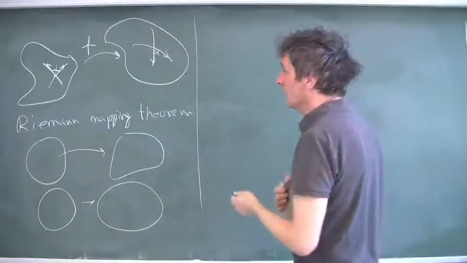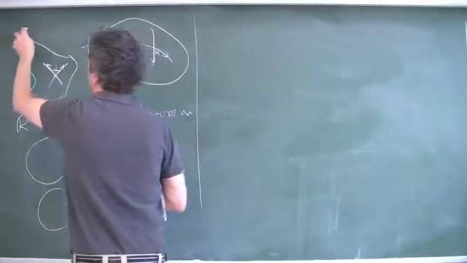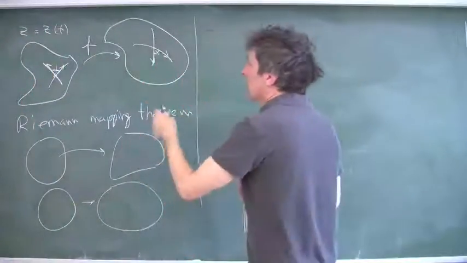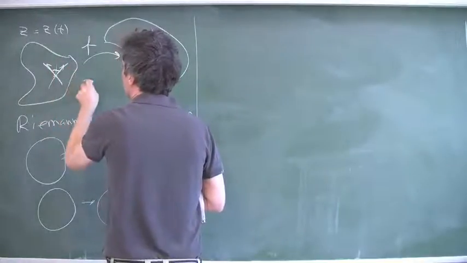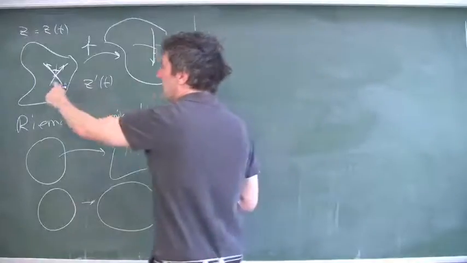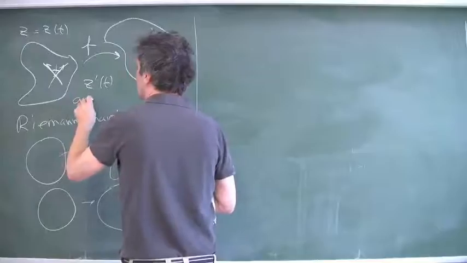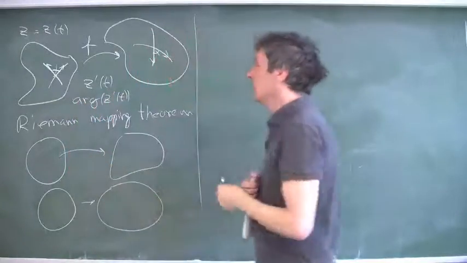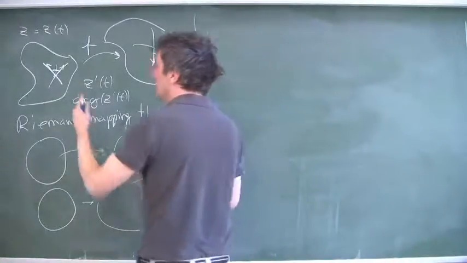So why is this? Well, if you consider the curve over here to be given by z equal to z of t, then of course the direction of the tangent is given by the derivative of this curve, and if you take the argument of this derivative, that will give you the direction of the curve.